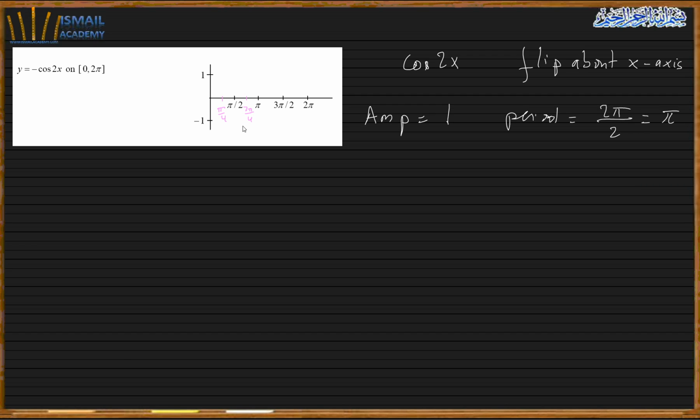We know that cosine starts from 1. So it's going to start from 1, move down to 0, then go down to minus 1, move up to 0, and go up to 1.